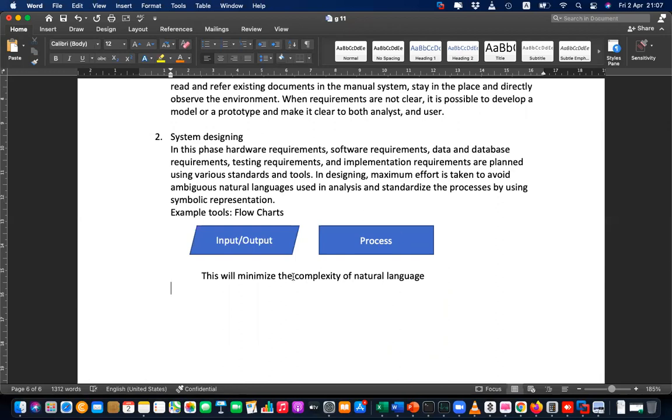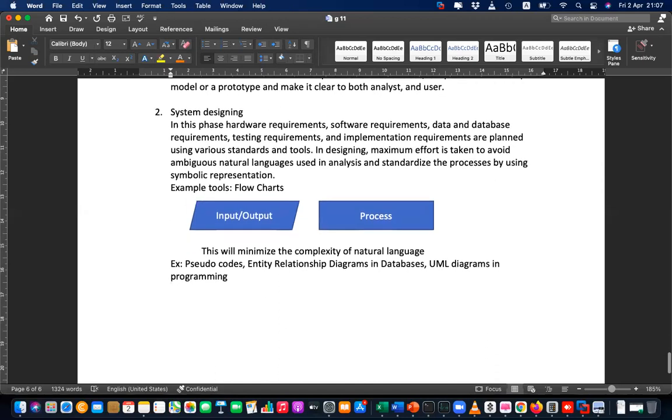For example, flowcharts. Another example is pseudocode, ER diagrams, entity relationship diagrams in databases, and UML diagrams in programming. So likewise, there are different ways of applying system design.